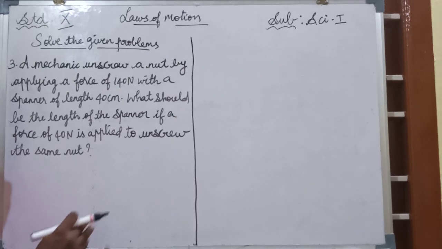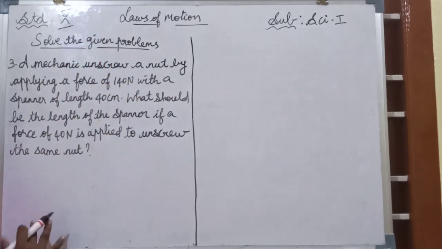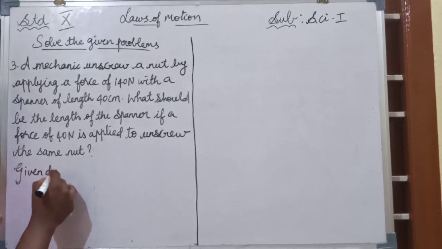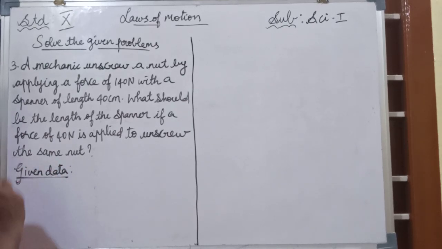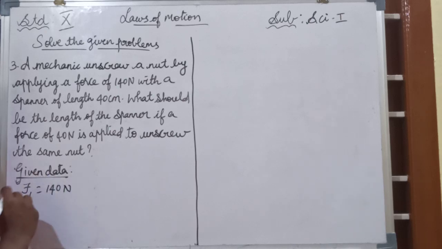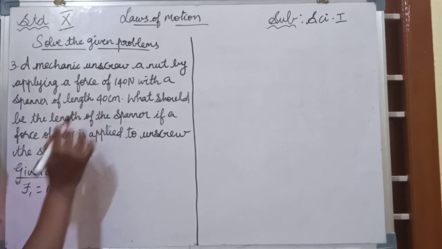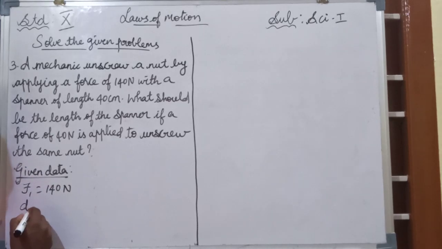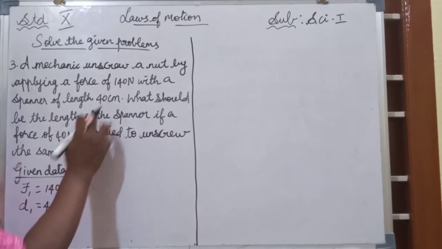So here they are talking about the first case. We'll write the given data. F1 is equal to 140 N. And what is the second one? It is length. Here length and distance are more or less similar, so we'll assume it as D1, which is nothing but 40 centimeter.